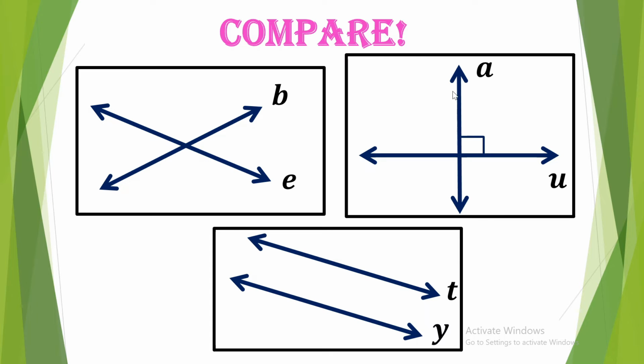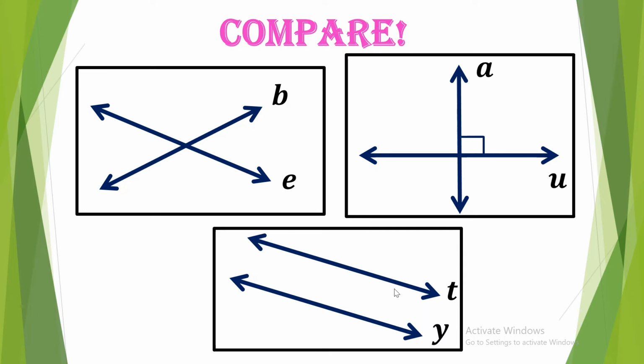Now, how about in this next figure? You're right. Like the first figure, we also have here two intersecting lines. But the difference is that this has a symbol for right angles.